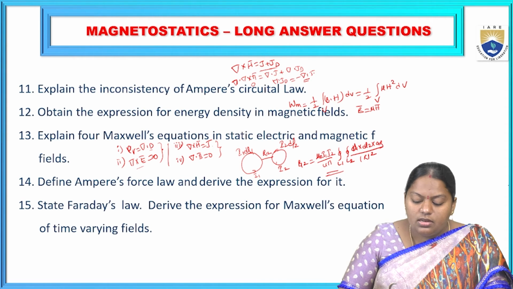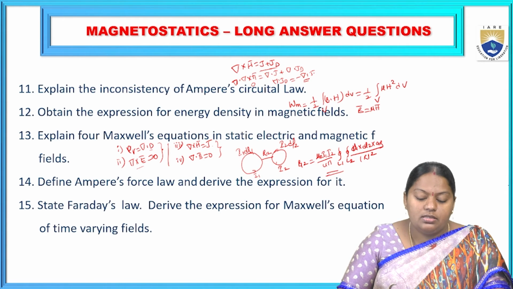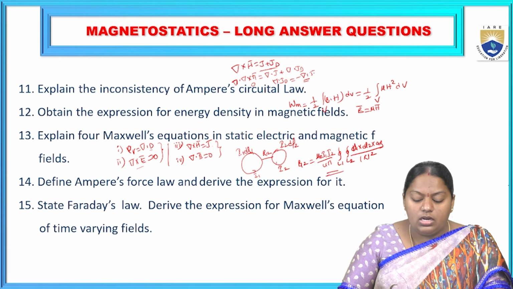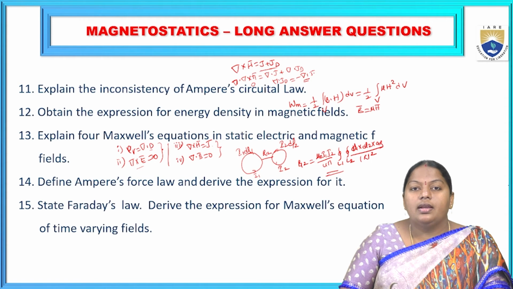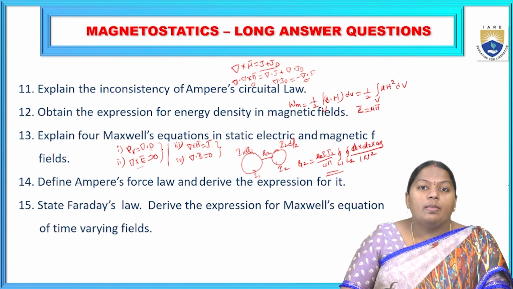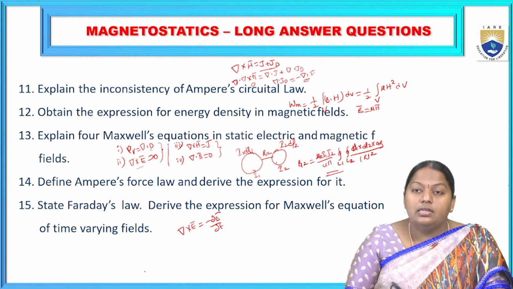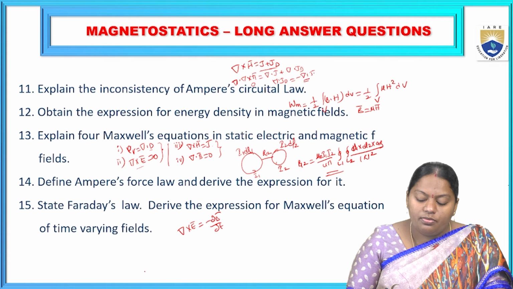Then state Faraday's law and derive the expression for Maxwell's equation for time varying fields. Now, according to Faraday's experiments, the induced EMF in any closed circuit is directly proportional to the time rate of decrease of the magnetic flux linkage, and mathematically we can write the equation as del cross E bar equal to minus dou B bar by dou t, which is the point form or differential form.